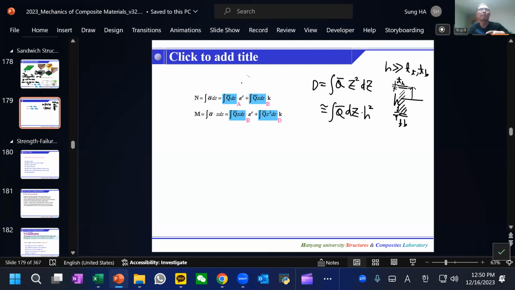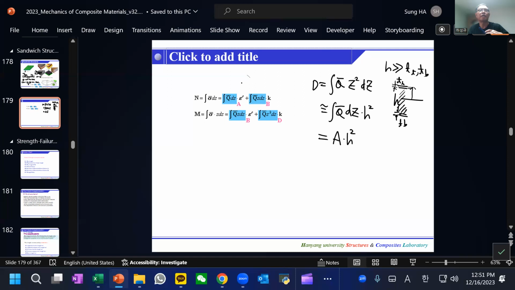So integrating all the way from top to bottom, this is actually the top A matrix and the bottom B matrix. So this is the order, not precisely the same, but the A matrix times the H scale.